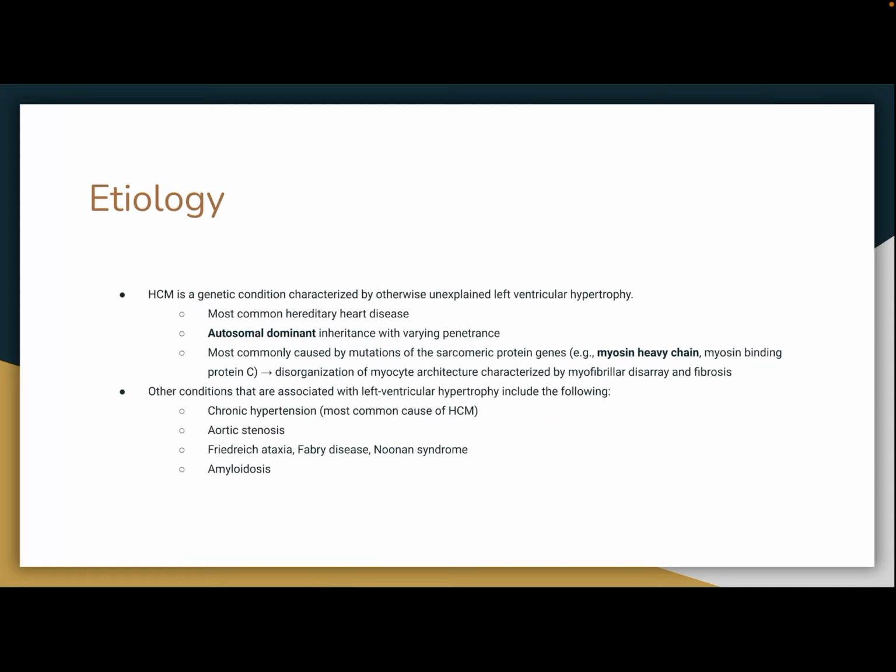Other conditions associated with left ventricular hypertrophy include chronic hypertension, which is the most common cause of hypertrophic cardiomyopathy, but more for the adult population; aortic stenosis, Friedreich ataxia, Fabry disease, Noonan syndrome, and also amyloidosis.